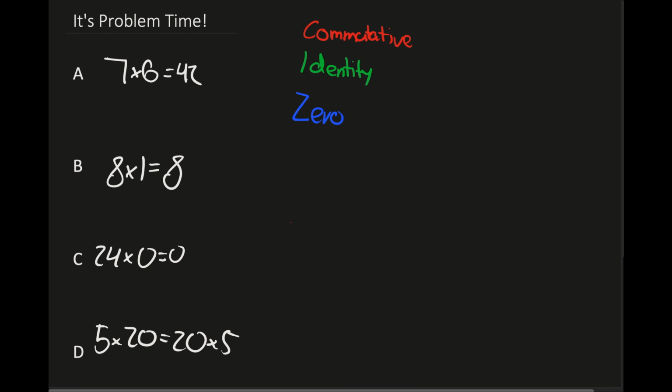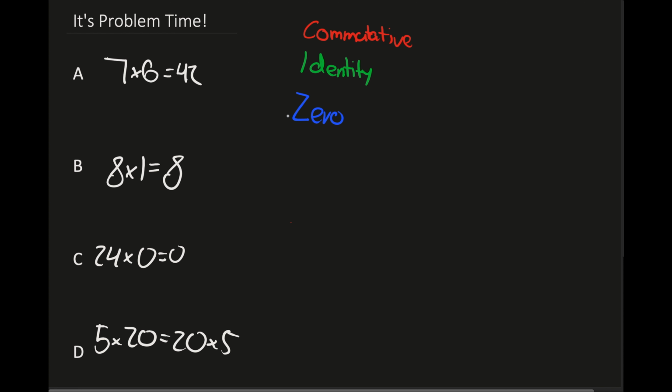Guys, it's problem time. The game we're going to be playing today in problem time is called Which Property? Red is going to represent commutative property, green is going to represent the identity, and blue will represent 0.